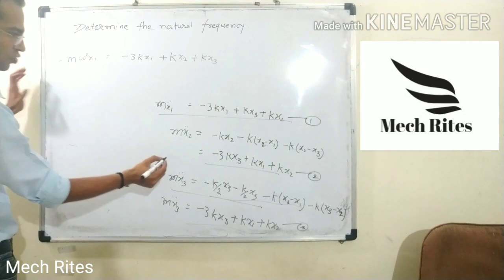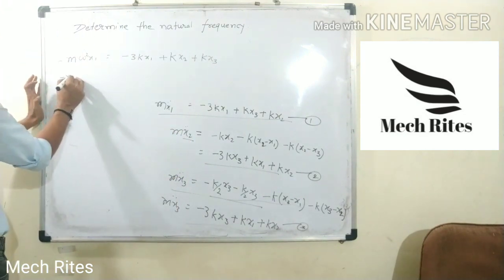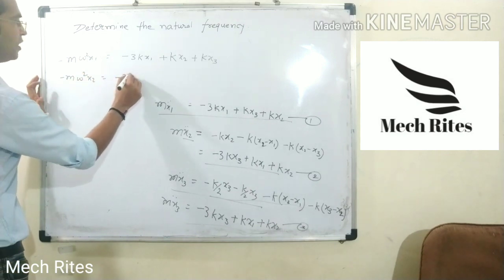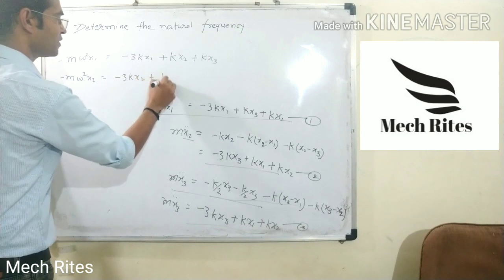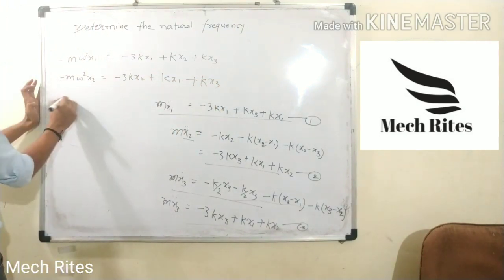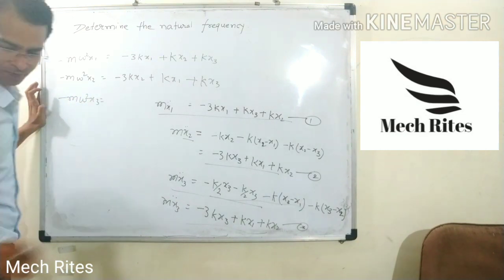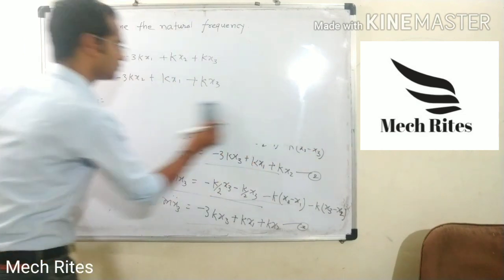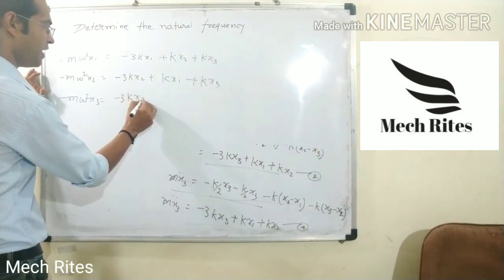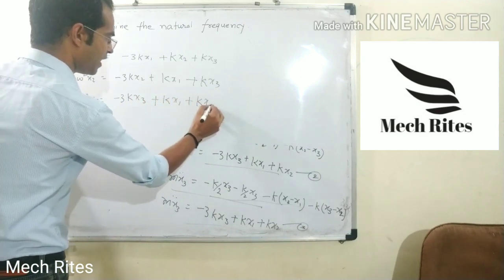Similarly, in the next equation, if I put the value of x2, minus m omega square x2 equals minus 3k x2 plus k x1 plus k x3. And minus m omega square x3 will be minus 3k x3 plus k x1 plus k x2.